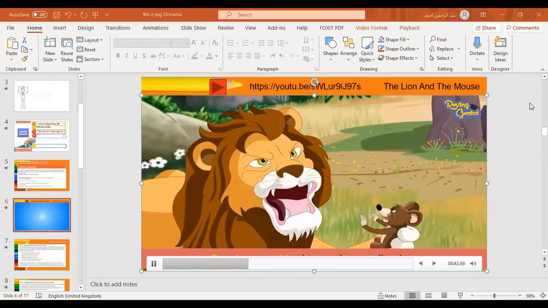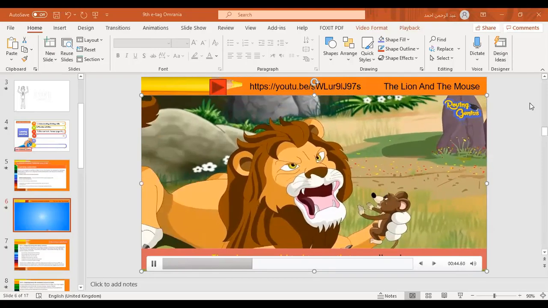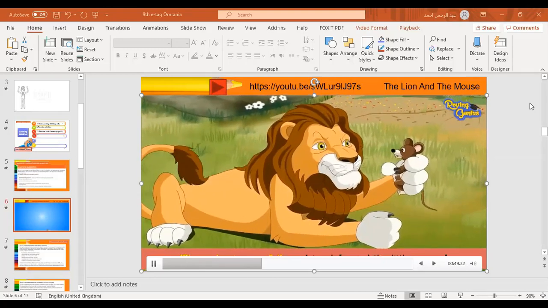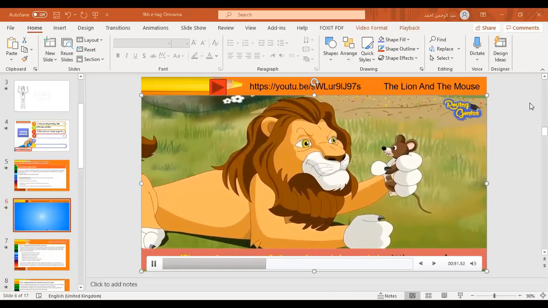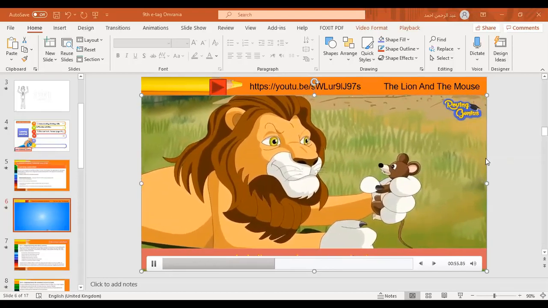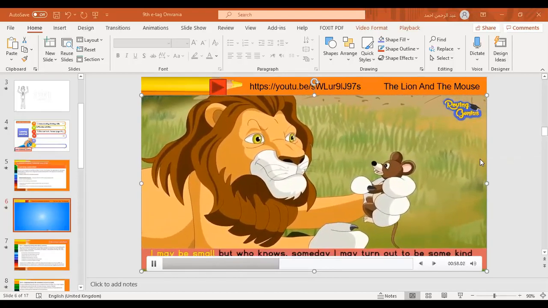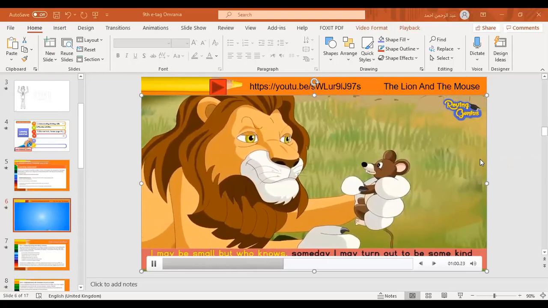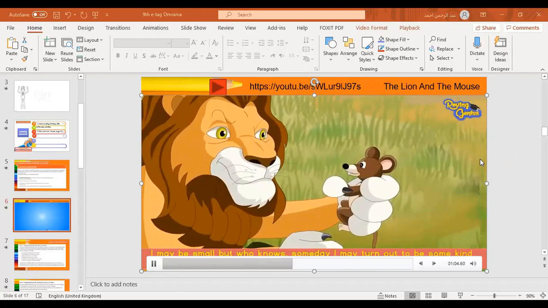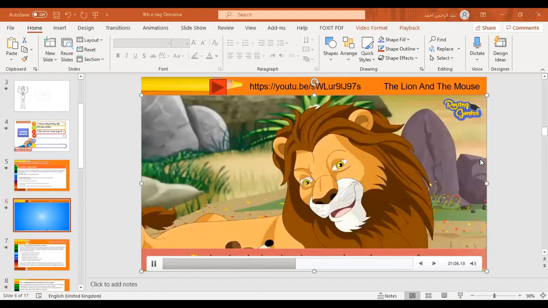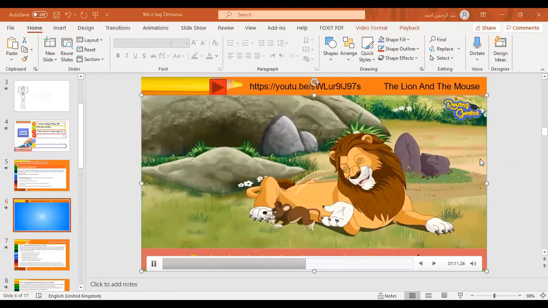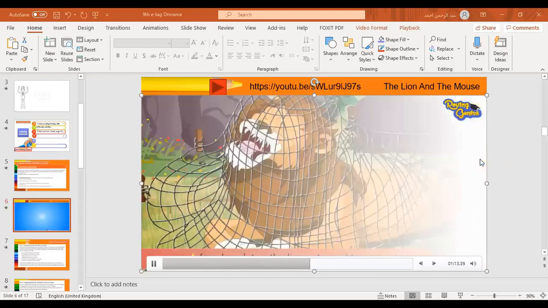He opened his big mouth to swallow him. Please forgive me, O King of Jungle, cried the little mouse. I shall never forget your kindness. I may be small, but who knows? Someday I may turn out to be some kind of help to you. The lion laughed and took pity and set the mouse free.